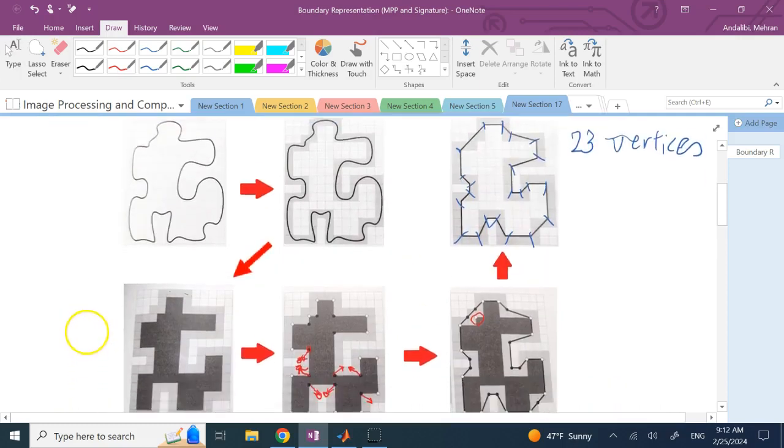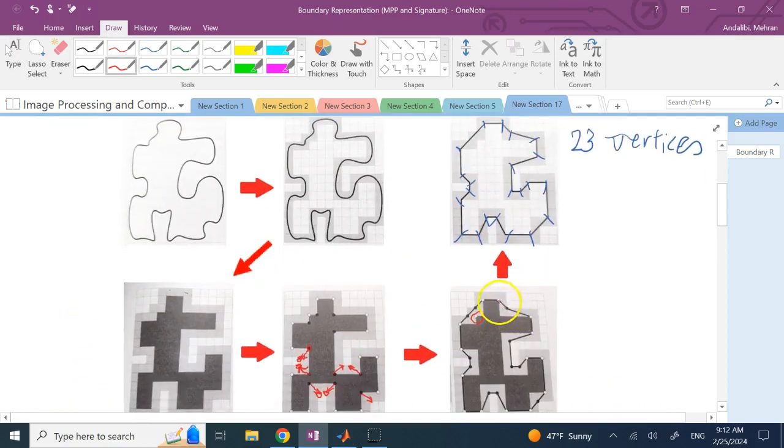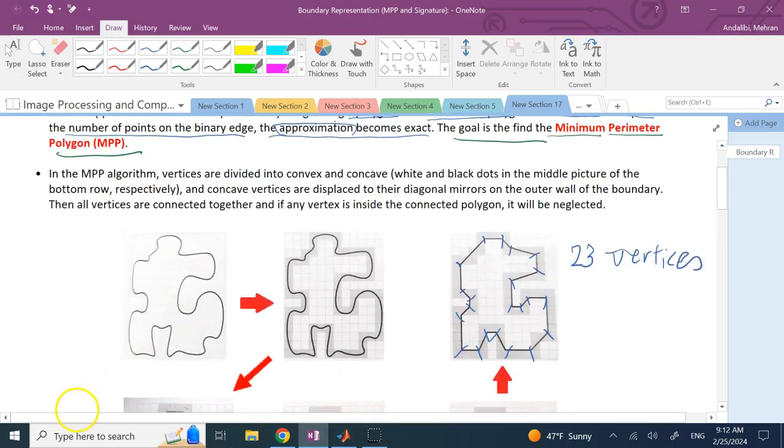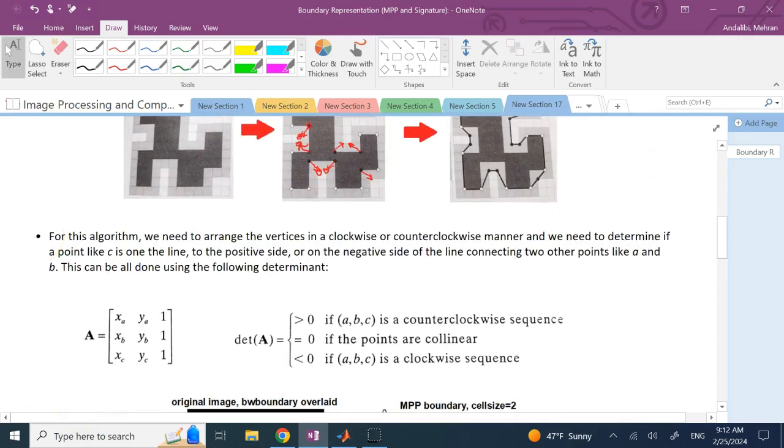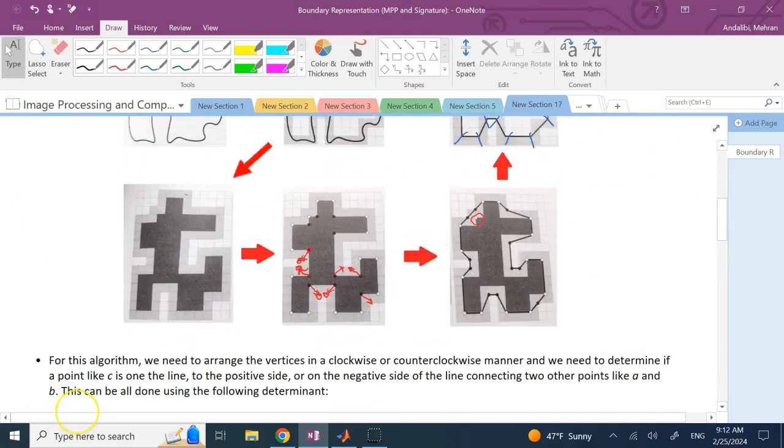Now, as I said, we need to know how to distinguish between a convex and a concave corner, and how to find whether something is outside the contour or outside the line or inside the line. So that is the second thing we need to discuss. First of all, what is the difference between convex and concave?